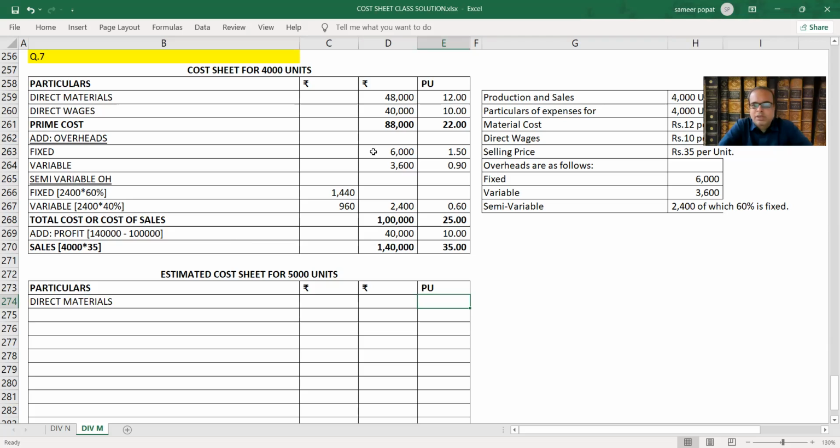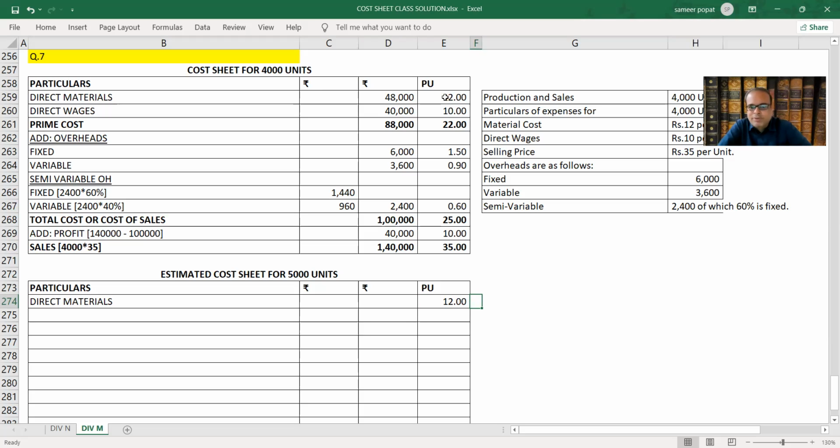So if it is variable, would this 48,000 be constant or 12 rupees per unit would be constant? For 5,000 unit, would this 48,000 be same or 12 would be same? 12 will be same. Because in case of variable cost, its per unit cost would be same.